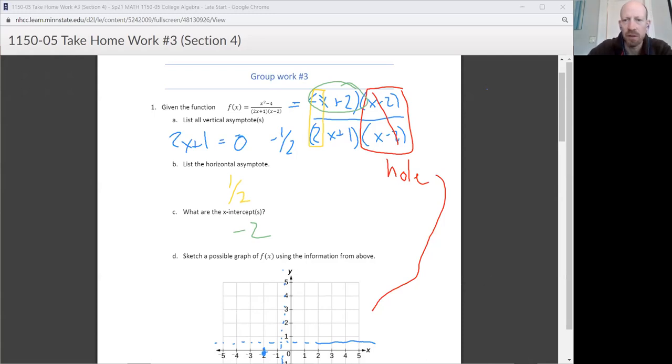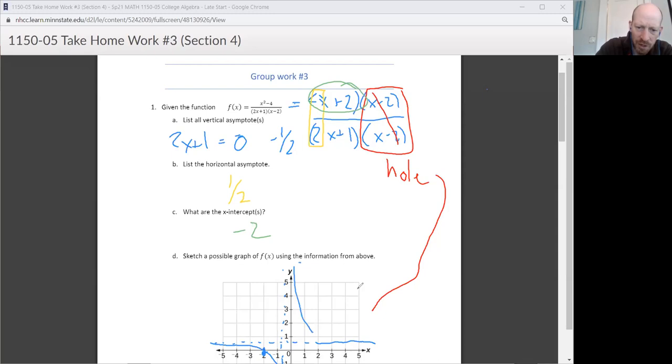Should probably have moved my graph down. Kind of committed at this point. And there's no other x-intercepts over here. So what that tells us, there's a couple ways to figure it out, but that tells us the graph comes down as I go towards the asymptote from the right and comes down here as well.